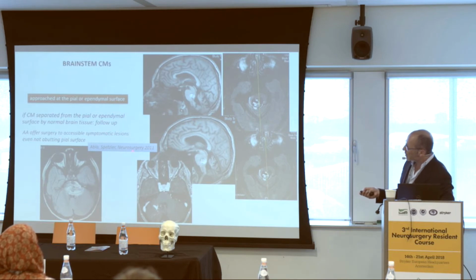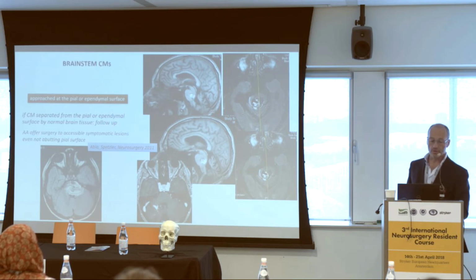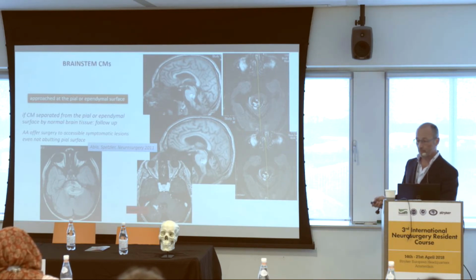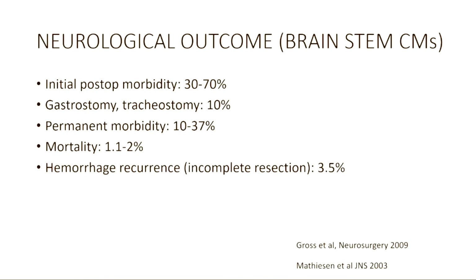For what concerns the neurological outcome for brainstem cavernomas, it is disappointing, at least for the larger series, and reaches in the immediate postoperative period 70% morbidity, with a percentage of gastrostomy and/or tracheostomy of 10%.